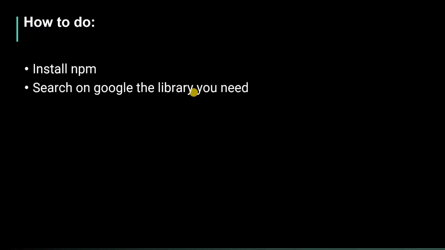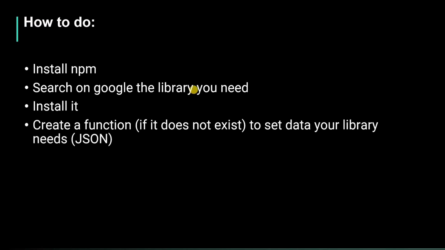How to do it is pretty simple. Once you find the resource you want to integrate in your application, you just have to install it with npm or embed the resource by inserting a link. It depends on the resource you want to use. You have to search on Google for the library you need, install it, and create a function, if it does not exist, to set the data your library needs.